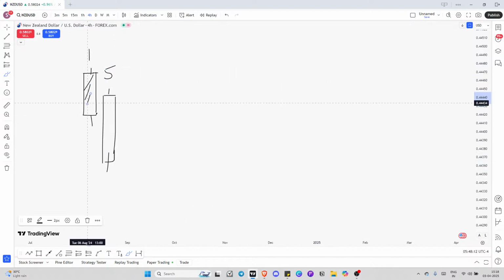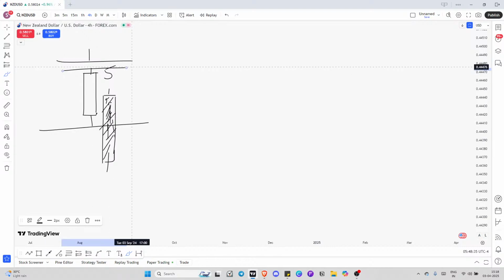And this is the last up candle, this is the push that was given by market makers. Right? So here is the area we take the trade.